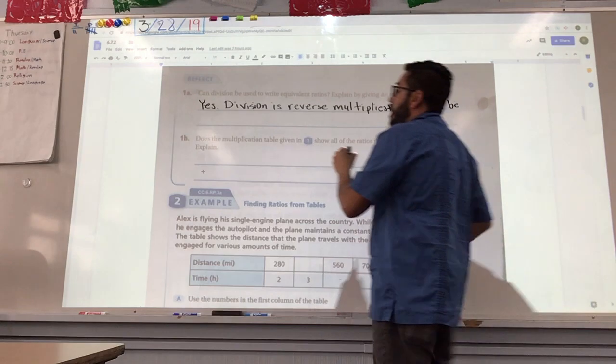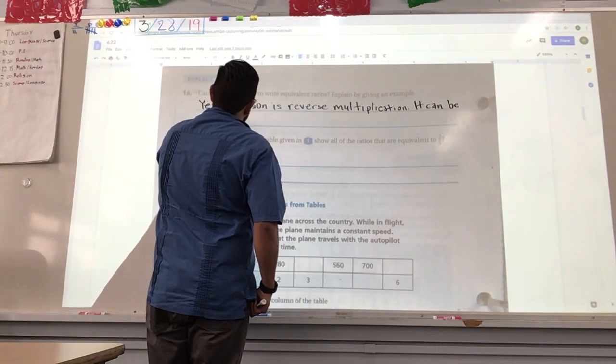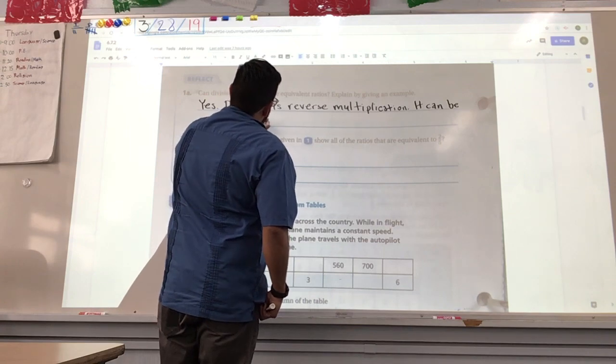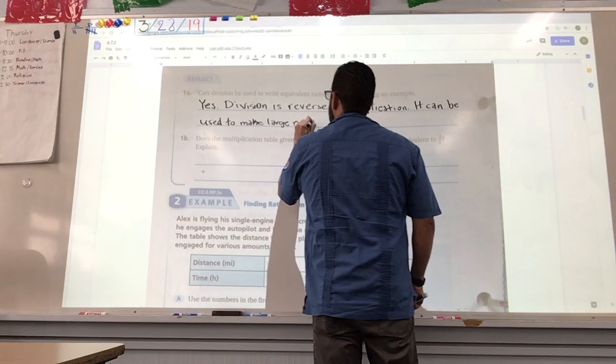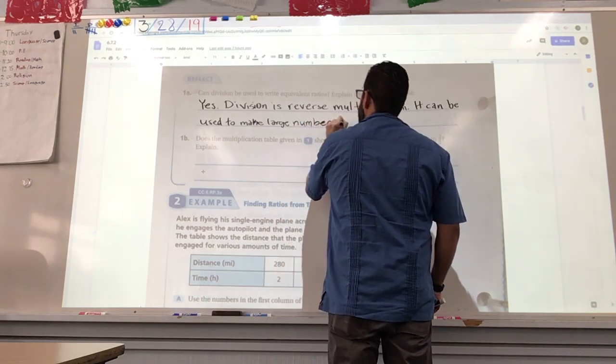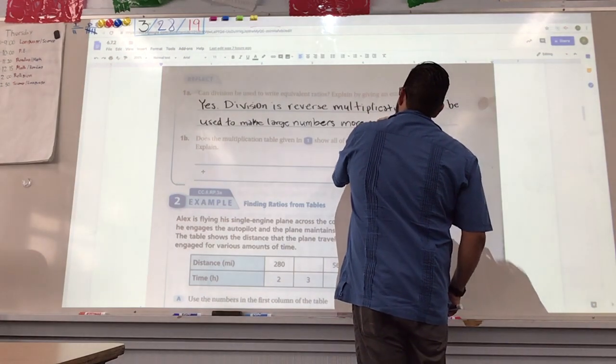It can be used to make larger numbers more manageable.